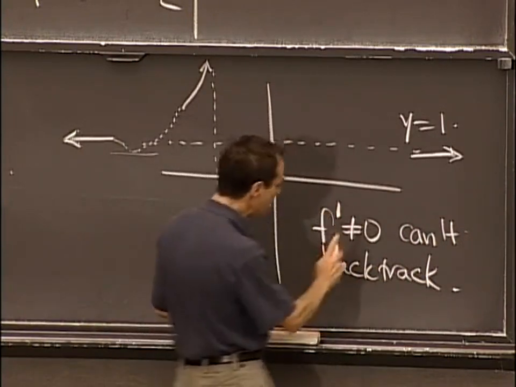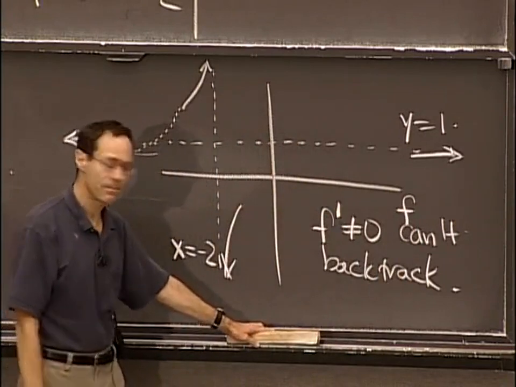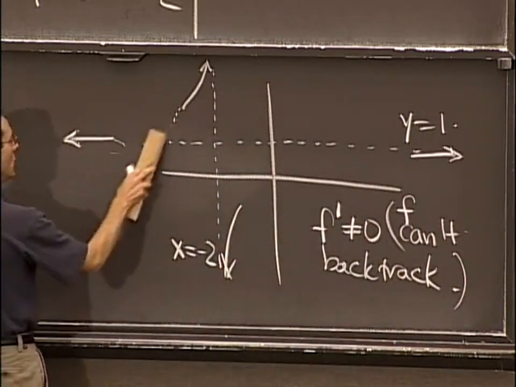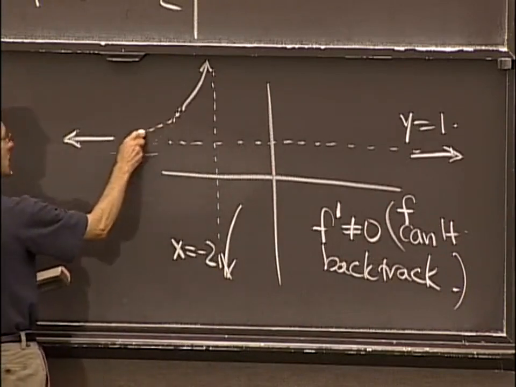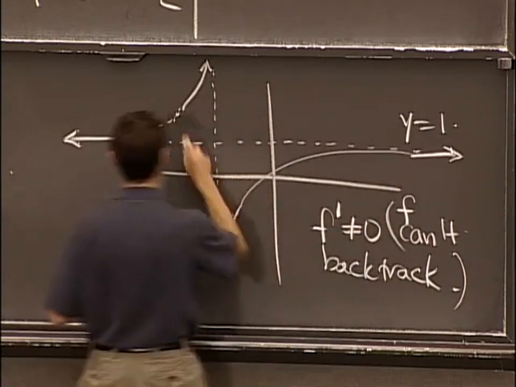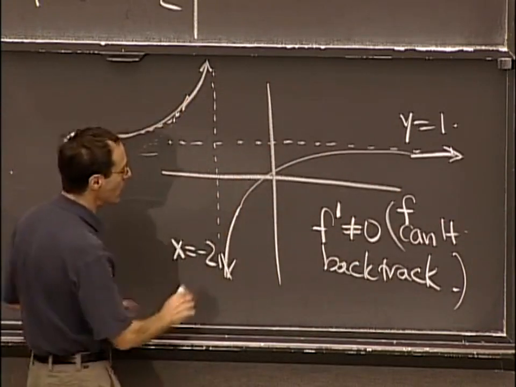So sorry, if f prime is not 0, f can't backtrack. All right? And so that means that it doesn't look like this. It just goes like this. All right, so that's basically it. That's practically the end of the problem. It goes like this.